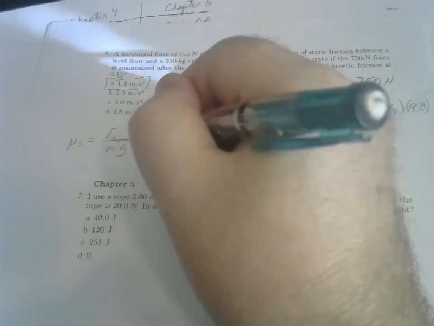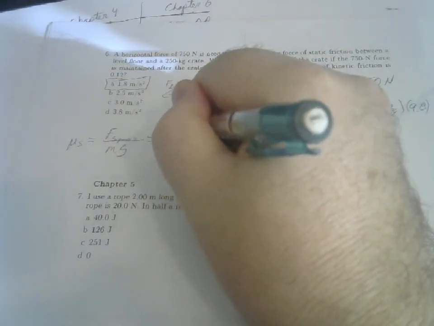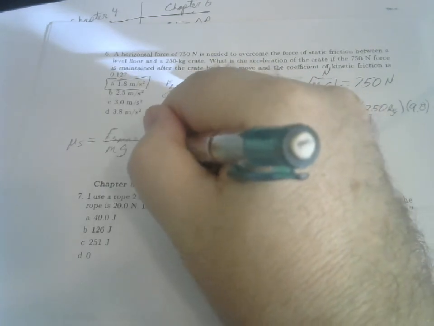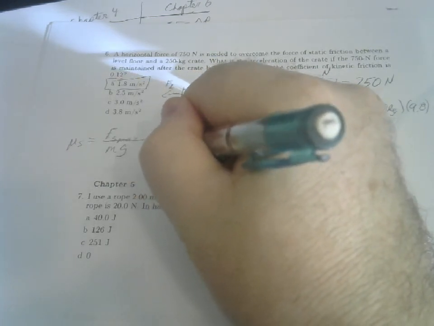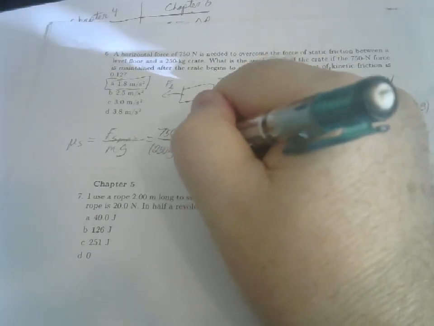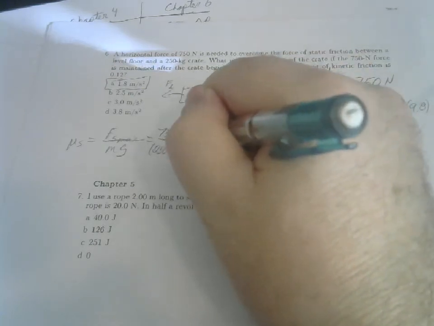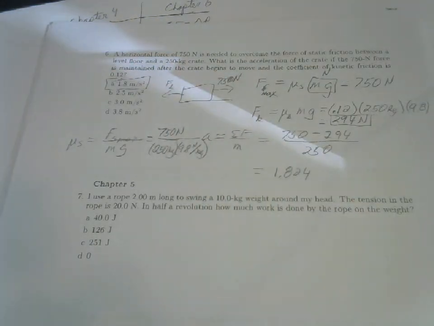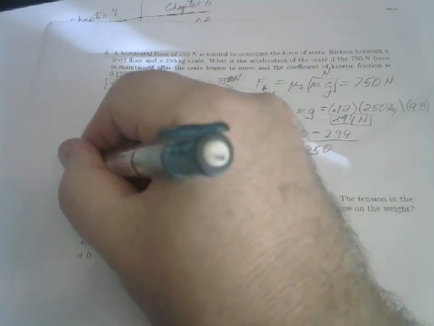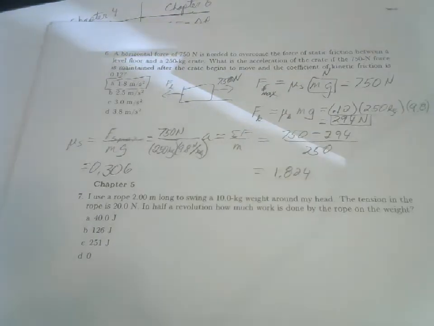And so that would be 750 newtons divided by 250 kilograms times 9.8 newtons per kilogram, which came out to be 0.306. I wasn't asked, but I think it's a good question.